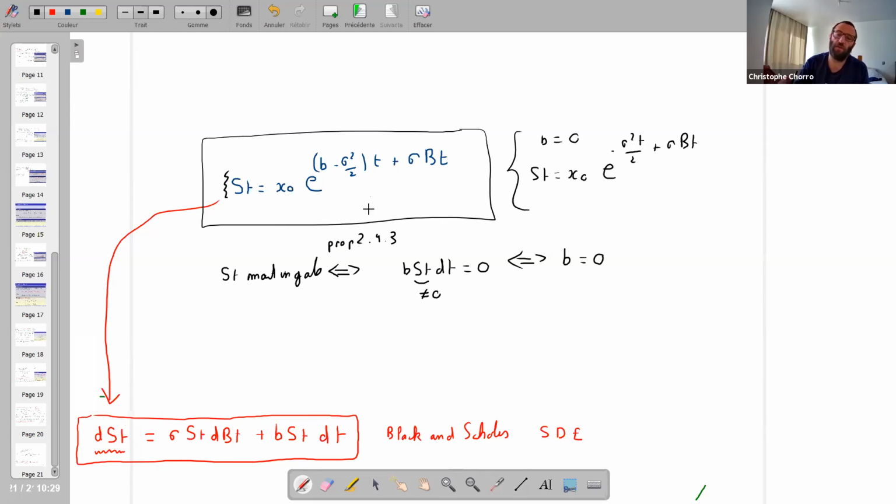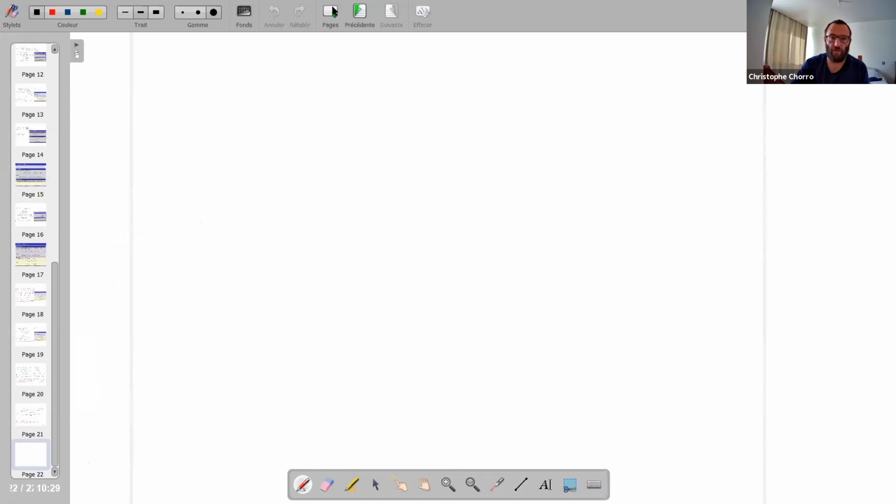What we are going to do now is to prove the uniqueness of this solution. It's what I have called in the lecture notes Proposition 2.5.1, which tells you the following.